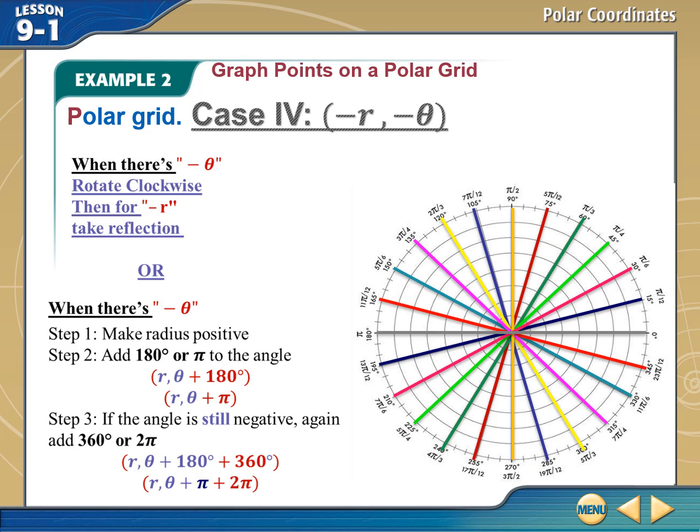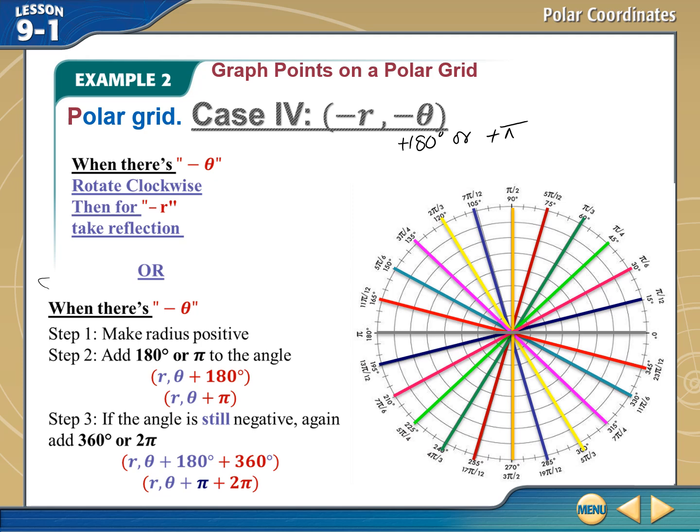Okay, now the last case is when r is negative and theta is also negative. The first thing is to make r positive. First of all, consider r positive and add 180 degrees to your theta, that is plus 180 degrees or plus π to theta.